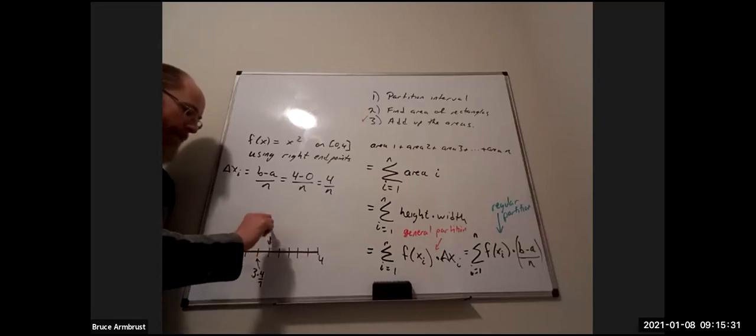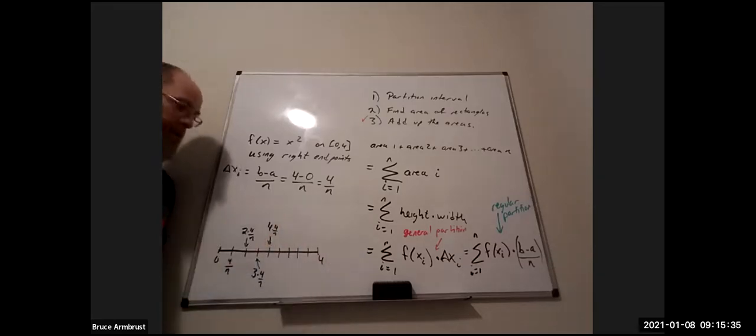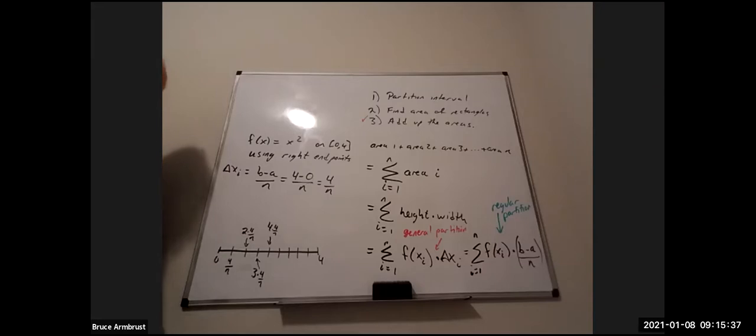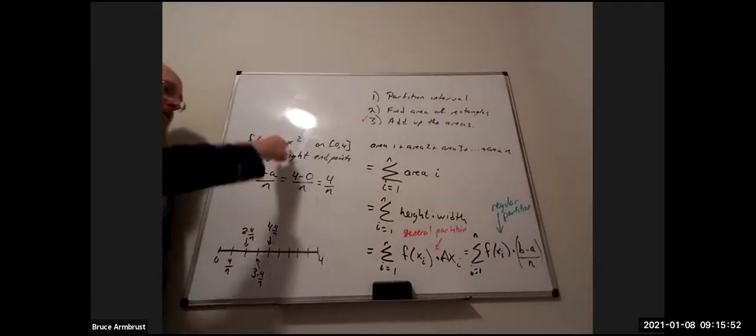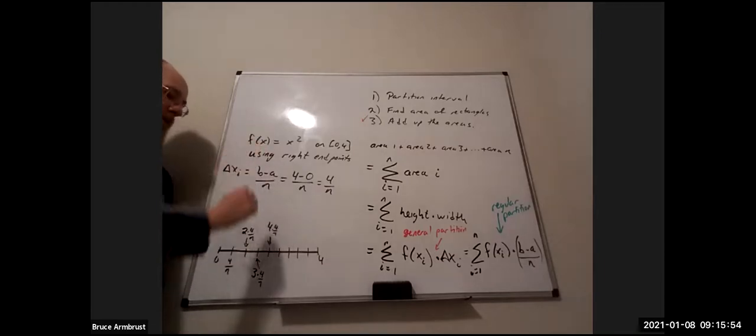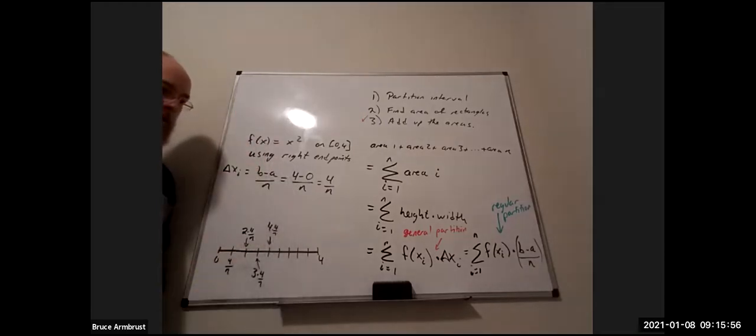The one after that is going to be 4 times 4 over n, and so on down the line. Okay, so those are the numbers that we're going to be plugging into our function to get the height. And do 4 over n squared. Then we're going to take 2 times 4 over n squared, 3 times 4 over n squared, 4 times 4 over n squared, and so on.